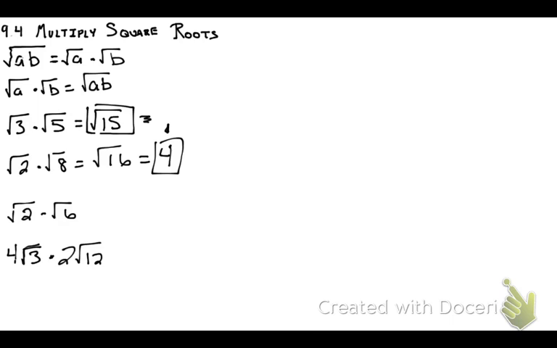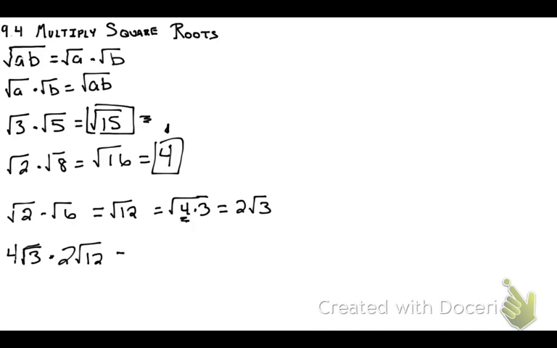Well, how'd you do? The square root of 2 times the square root of 6 is the square root of 12. But that'll simplify because 12 is 4 times 3, which means this just becomes 2 square root of 3 because the square root of 4 is 2.